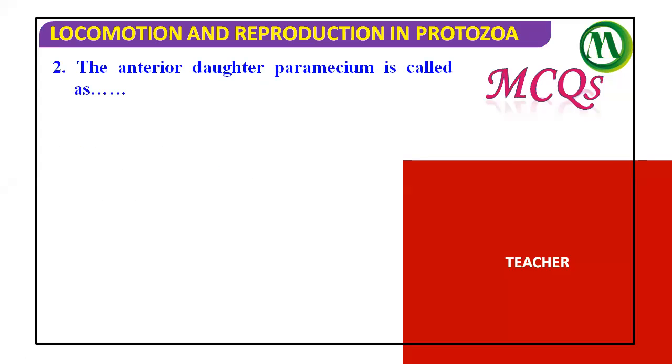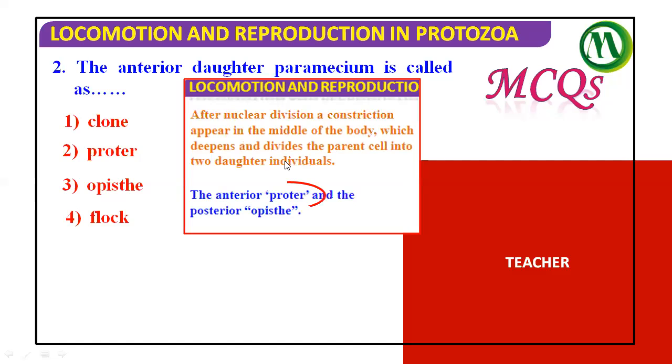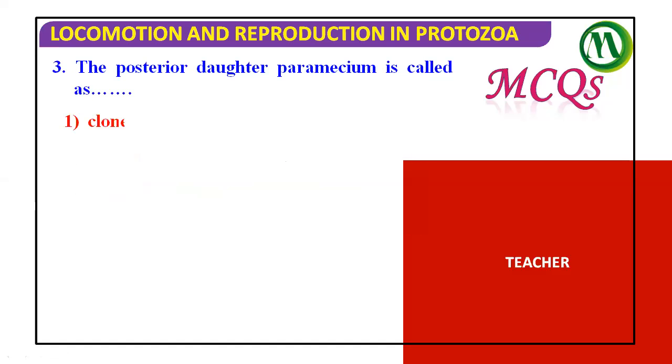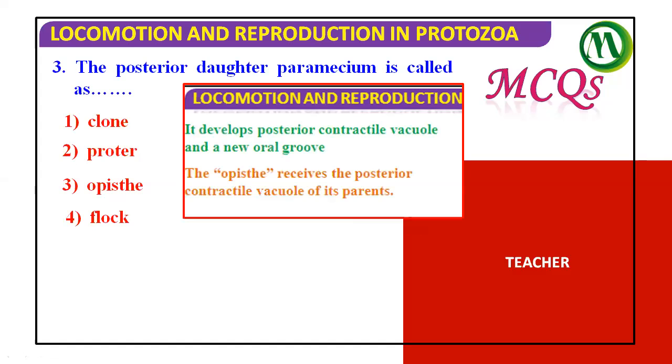The anterior daughter paramecium is called proter. The posterior daughter individual is called opiste.